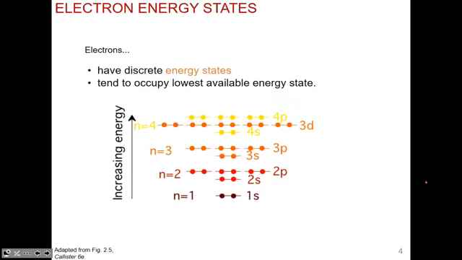So 1s is lower in energy on this scale, but highest in energy magnitude-wise if you're trying to eject an electron from that orbital because it's a core orbital, right? It's being held in by the nucleus. We won't go into detail beyond that.